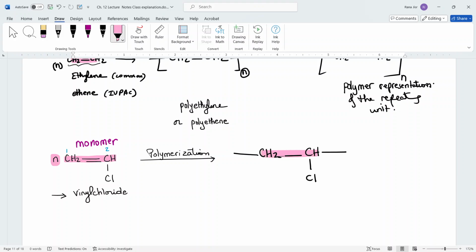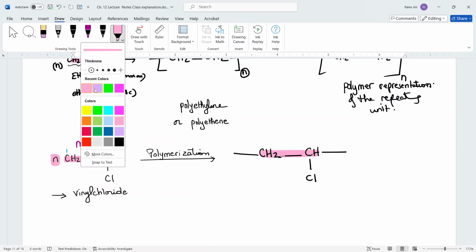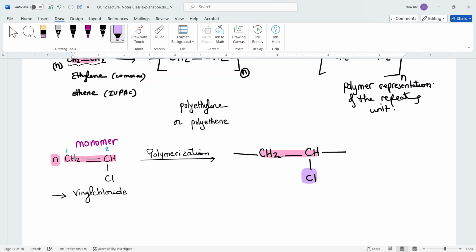So it's the alkene part that is going to be repeated together with whatever substituent you have on it. You just go ahead and put it in there. And then you are going to open up the chain in there, or you're going to put your brackets in there, and then you're going to put N, and this is the representation of the polymer.